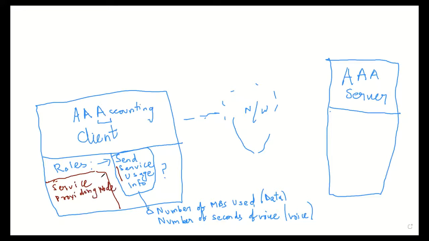Or at least some part of the set of nodes which is providing the actual service. So examples, what could those be? In case of data, it could be some kind of an internet access gateway. I need some kind of a gateway which connects the subscriber of the data, which is me, a subscriber.